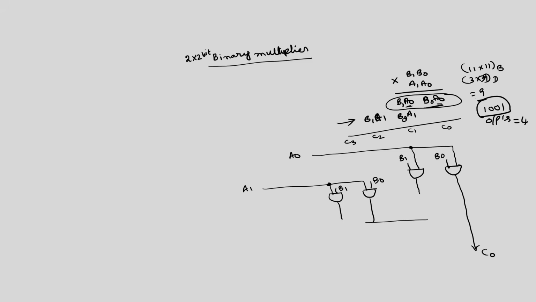These two you apply to a half adder, because only 2 bits, so a half adder is enough. By adding these 2 bits you get a sum bit, which is C1, and a carry bit, which you have to add along with B1 A1.